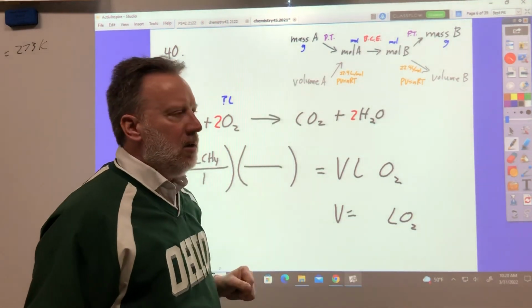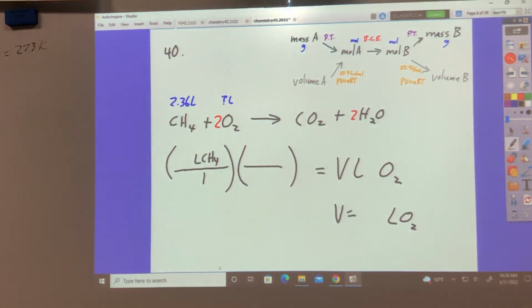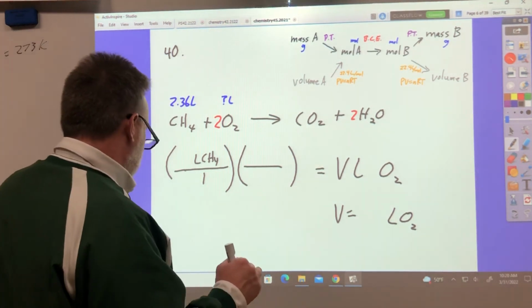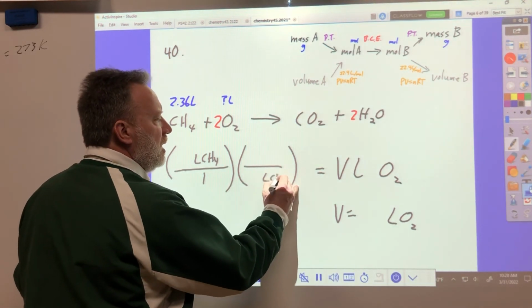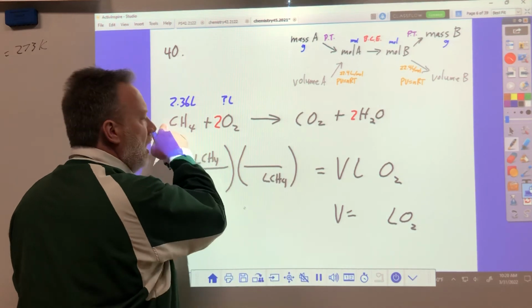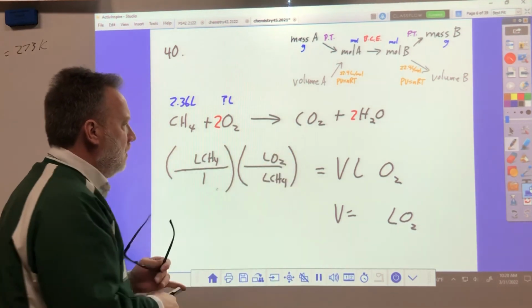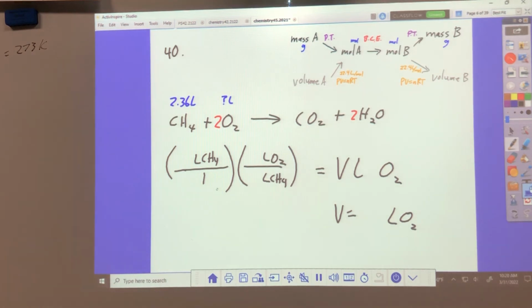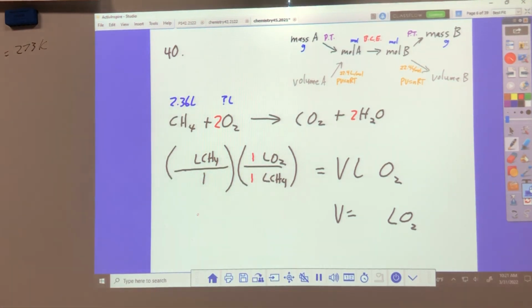We know that's going to cancel because our gas conditions are the same. It doesn't say anything's changed on number 40. So we have to assume that's the same. So we need down here liters of CH4, which is 1, to liters of oxygen, which is 2. And we started with 2.36 liters.